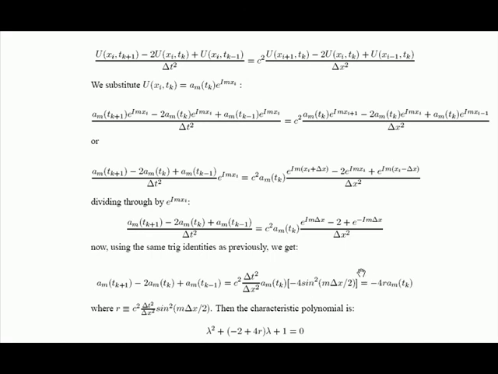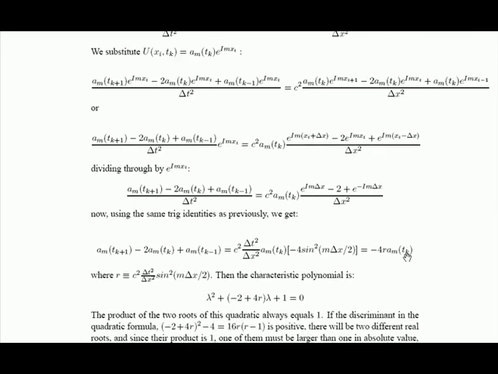So the right-hand side just becomes minus 4r times am of tk. And take this on the left-hand side, it combines with the am of tk here, and we have a minus 2 plus 4r in the characteristic equation as the multiple of lambda. So our characteristic equation is lambda squared, then minus 2 plus 4r times lambda, and a 1. So there's our characteristic equation.